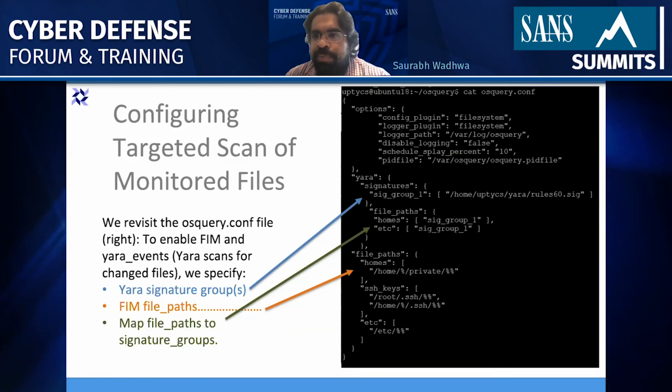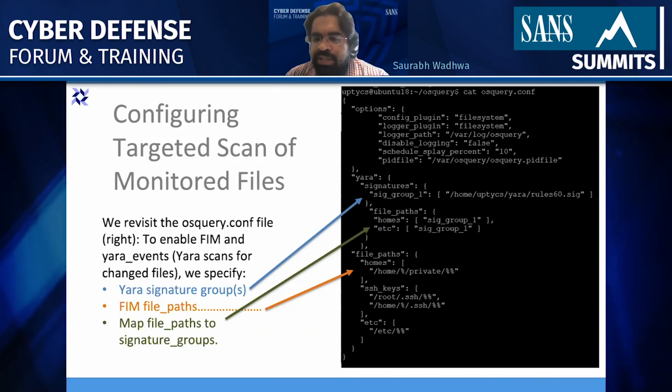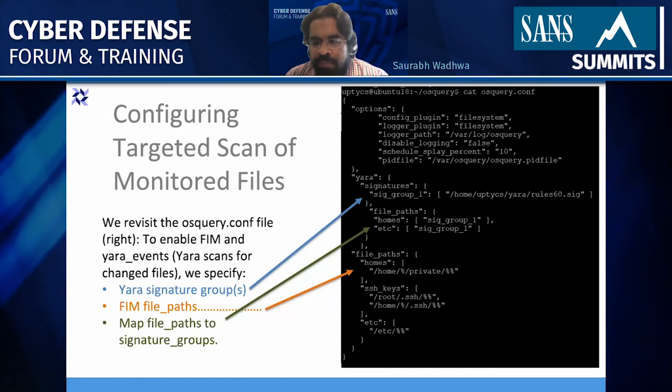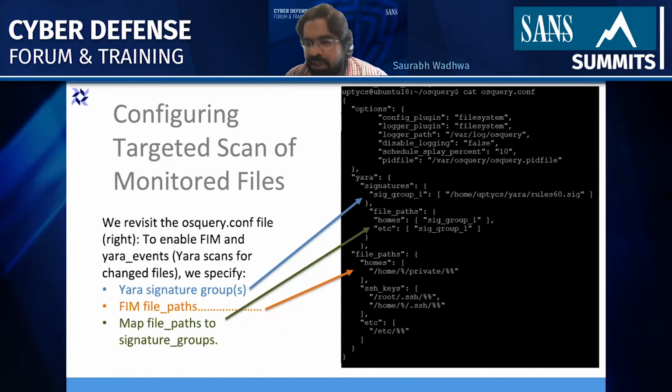So we would be monitoring home, user, private, and all the subdirectories. Then we have the second option, which is ssh_keys, which is looking for root/.ssh and all the subdirectories, and home, the user's .ssh folder and the subdirectories.